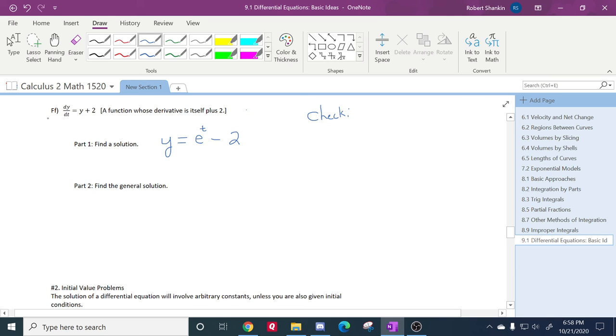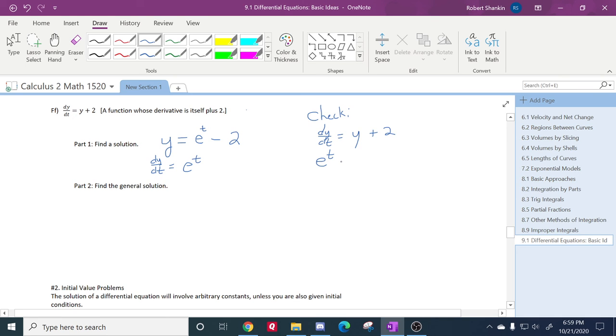Now, when you have a more complex one, what we're going to do is take dy dt right underneath it. Take the derivative of the right-hand side, and I just get e to the t, the derivative of 2 is 0. Now my check, I'm going to rewrite the original. I'm going to substitute e to the t for dy dt.